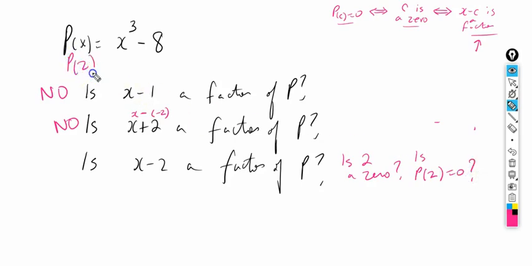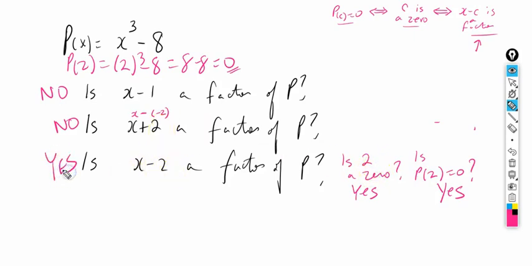Let's see what happens. So is p evaluated at 2 equal to 0? The answer to that is yes. Therefore, that's the same thing as saying 2 is a 0. And if 2 is a 0, that's the same thing as saying x minus 2 is a factor. So that's one way a question could be asked of us.